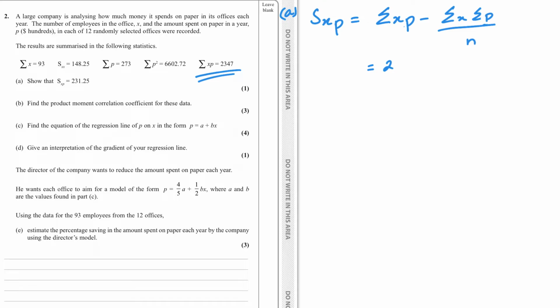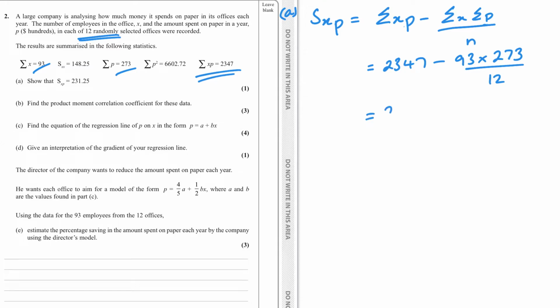So 2, 3, 4, 7. Sum of X is 93. Sum of P is 273. And then N is up in the question and it says it's 12.